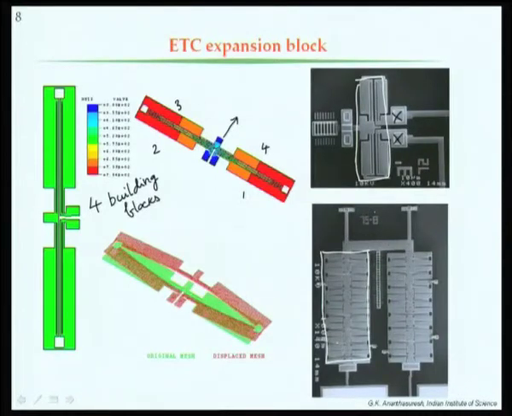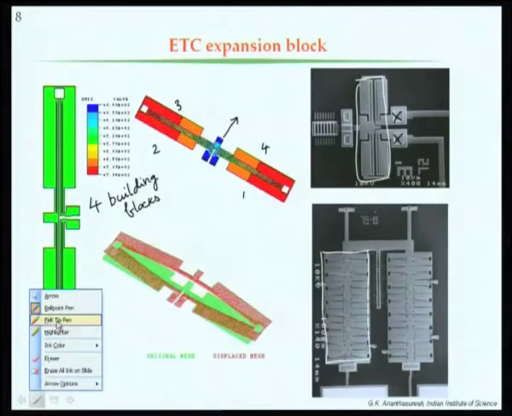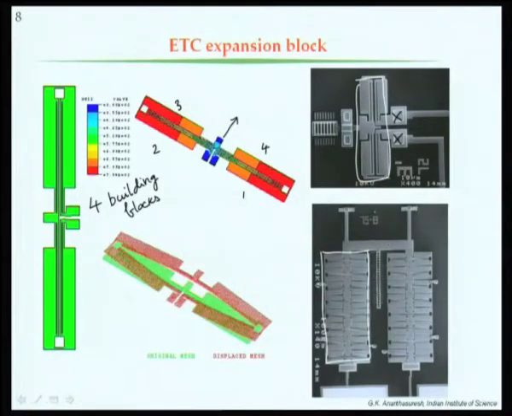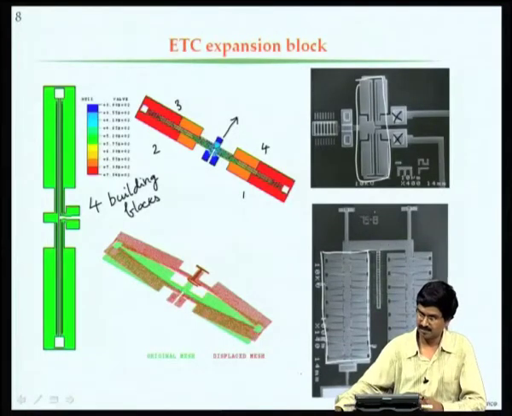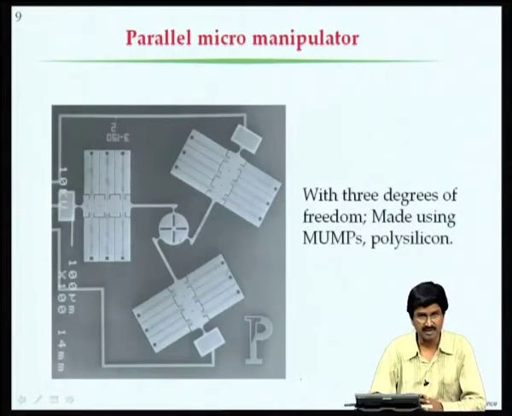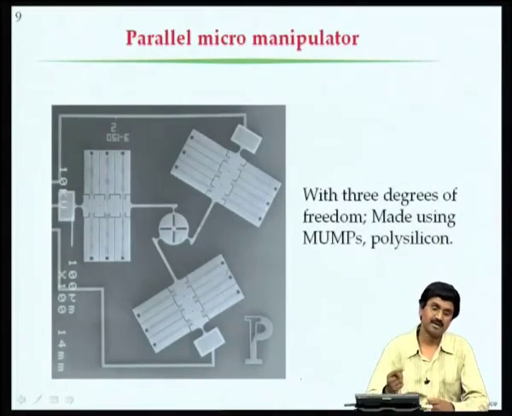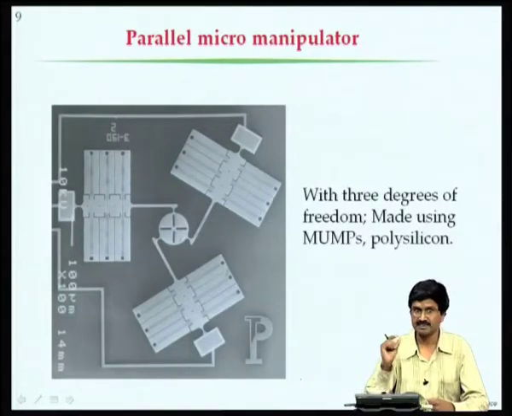If I do that, several of them, it actually becomes like a linear actuator, because you can see how much this can move, from here till here, that is the actuation. Now, if you put several of them together, you get more force, and more important, more displacement. You put them in parallel, you get more force, put them in series, you get a large stroke or displacement with this expansion block. One can also arrange them to contract: the same blocks, arranged differently, give contraction.